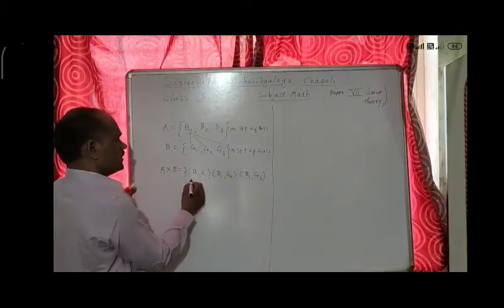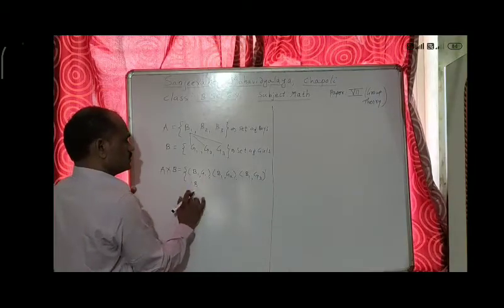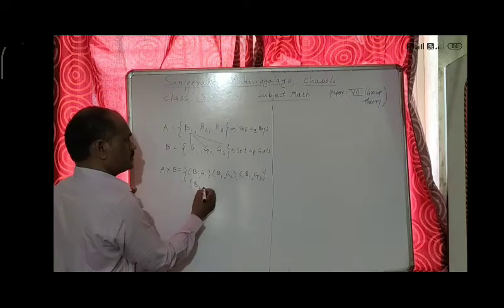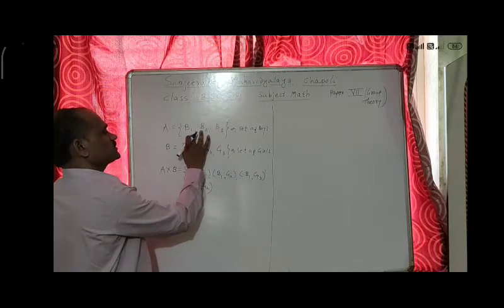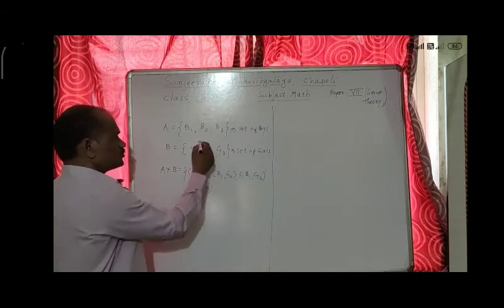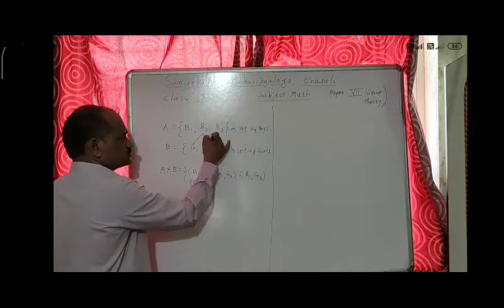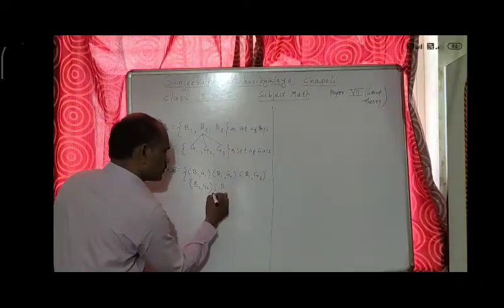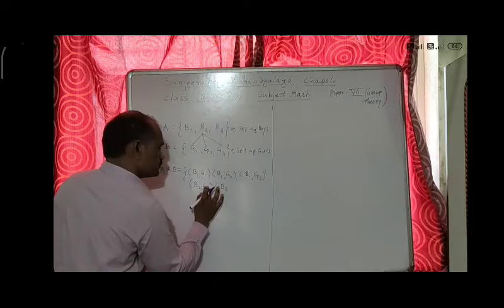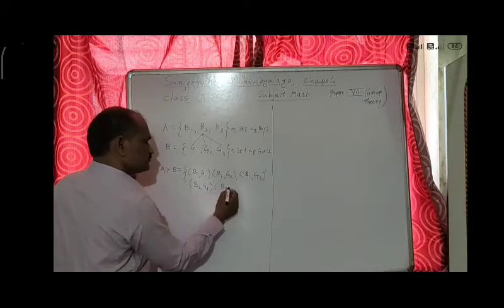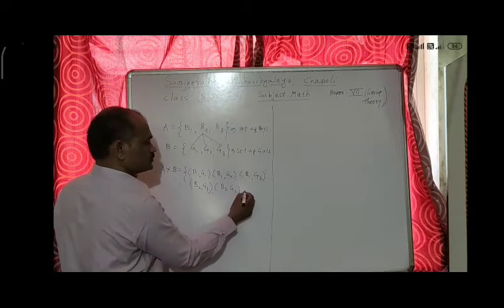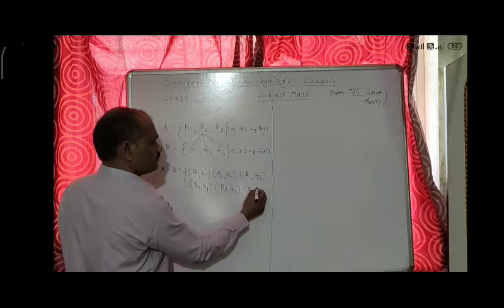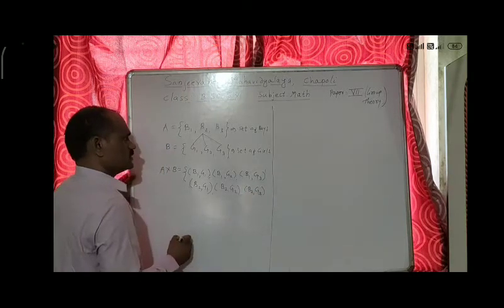Next, B2 is associated to G1, G2, G3, and we get B2 G1, B2 G2, then B2 G3.